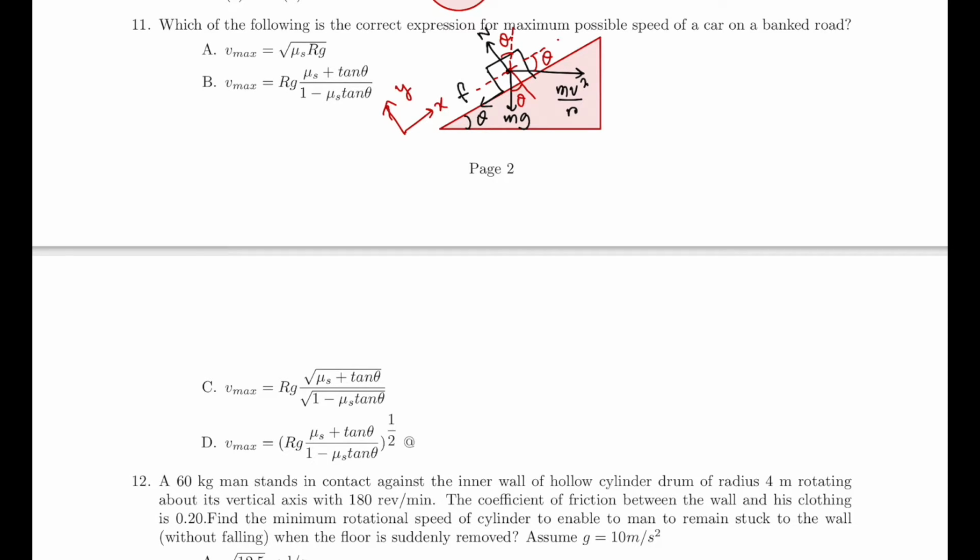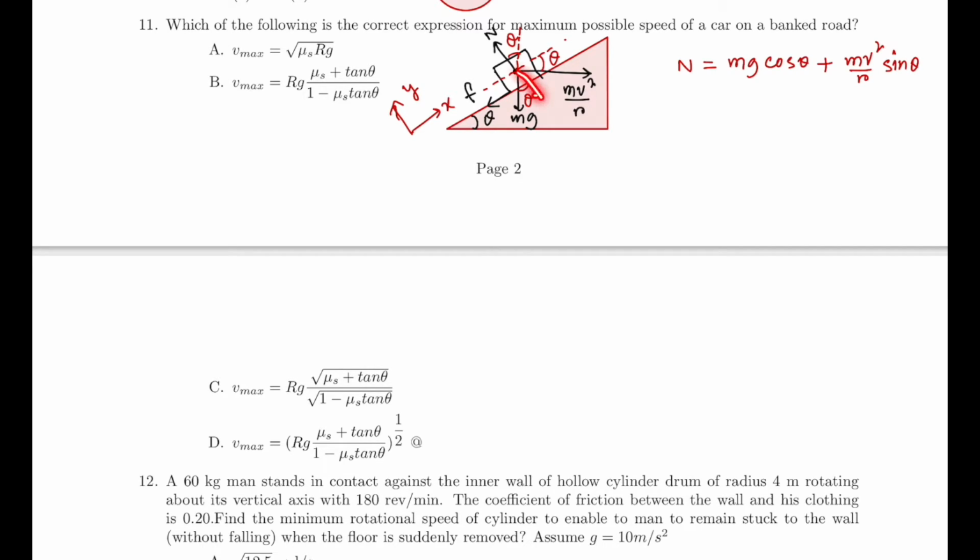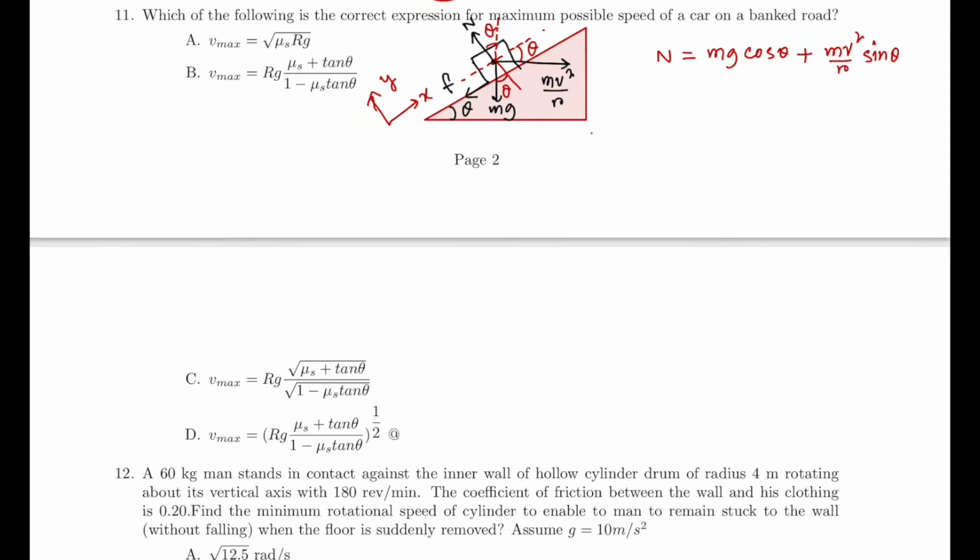So for maximum velocity, you can see along the y direction, N should be equal to mg cosine theta, this component, plus mv squared by r sine theta, which is this component of this force, and frictional force plus mg sine theta must be equal to mv squared by r cosine theta.